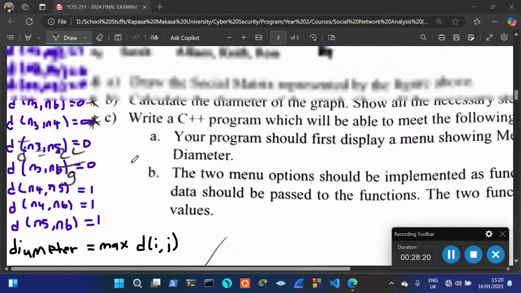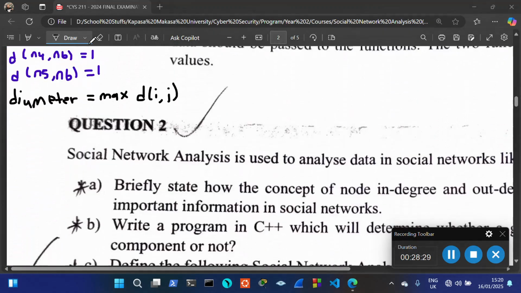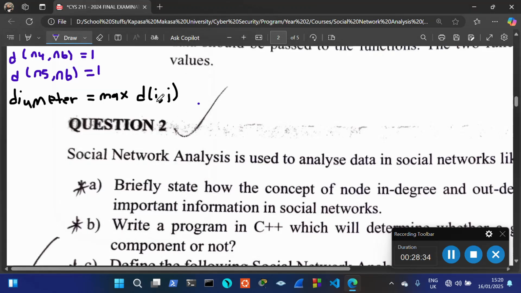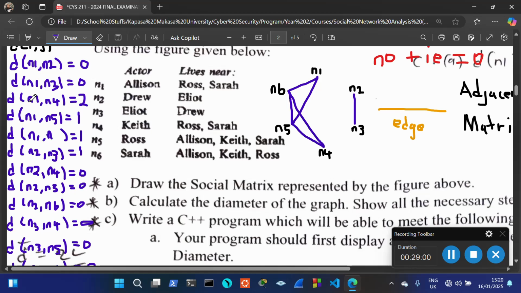In this case, the longest geodesic distance is 2, which is between n1 and n4, so d(n1, n4) equals 2. We replace i with n1, the first node, and j with n4, our last node, and say it's equal to 2, because this is our diameter, the longest geodesic distance based on our calculations.